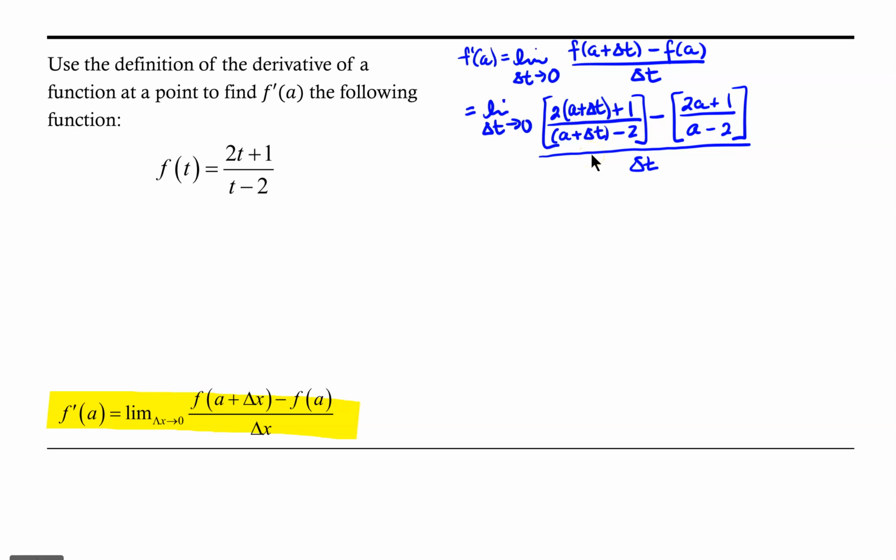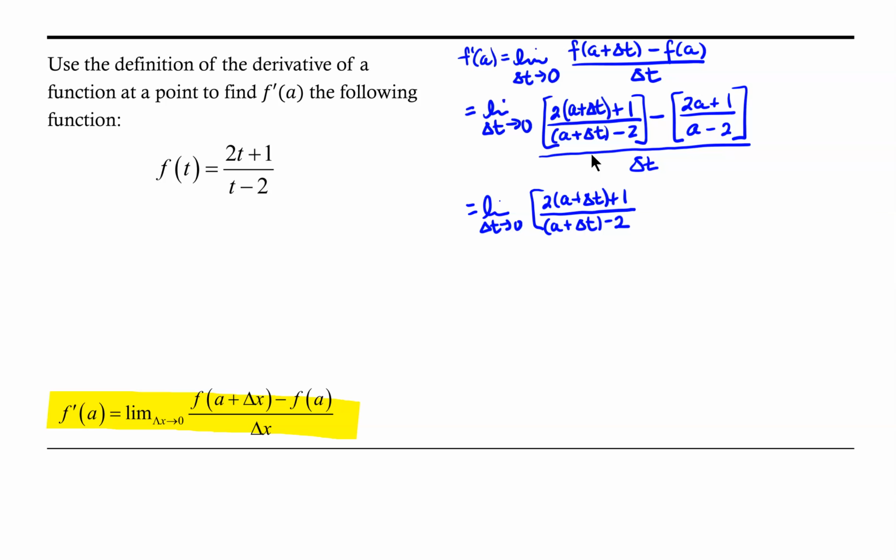So for my first rational function, I'm going to have, limit as delta t goes to 0 of 2 times a plus delta t plus 1 over a plus delta t minus 2.